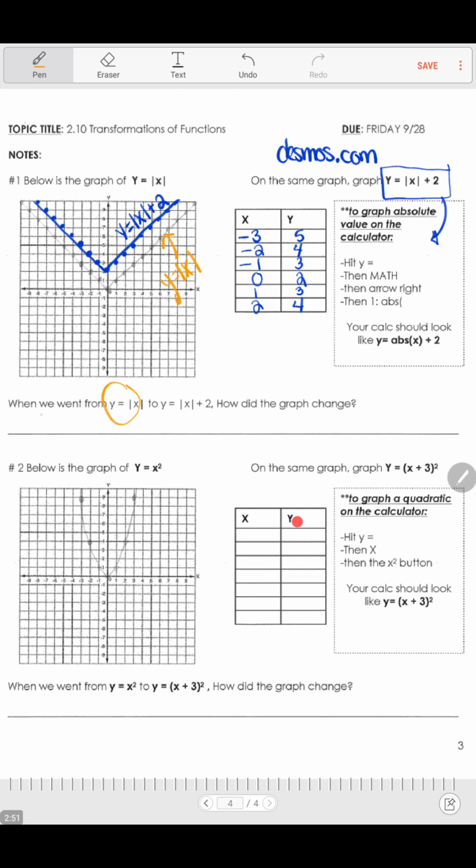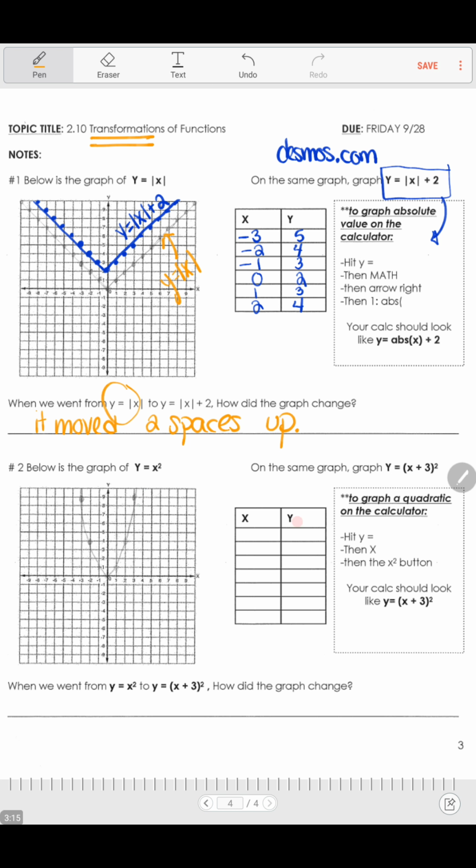Alright, so you wrote, or maybe you noticed that it moved 2 spaces up. Okay, so it transformed 2 spaces in the positive upward direction.